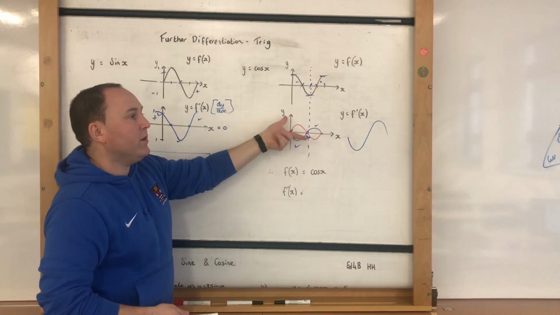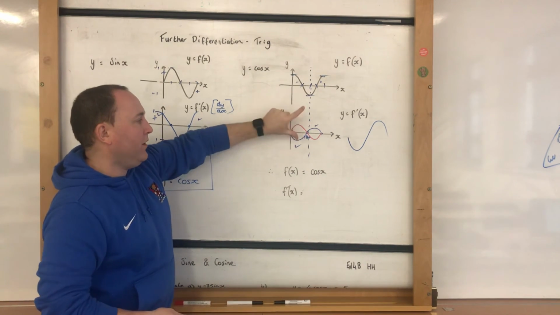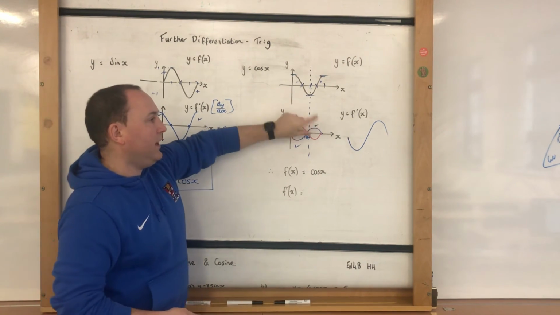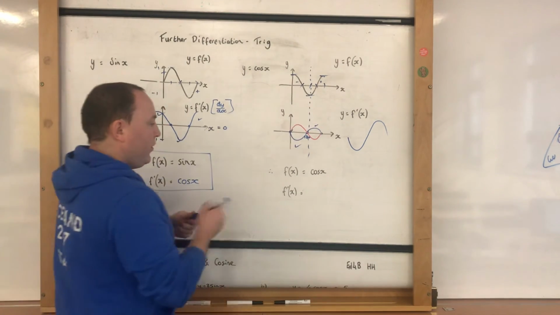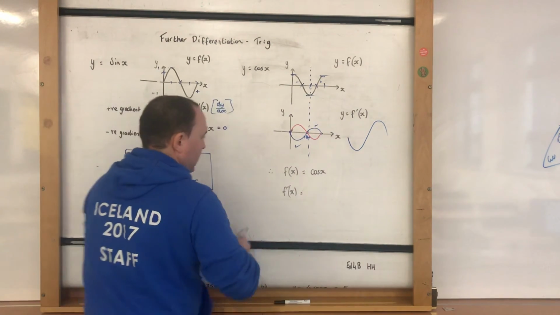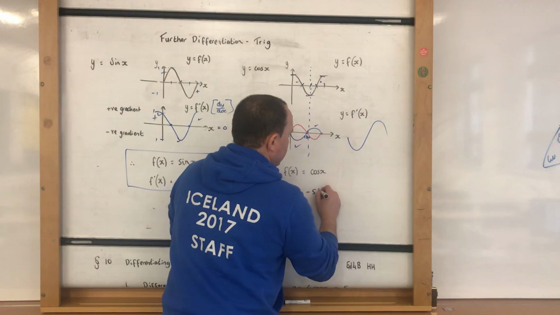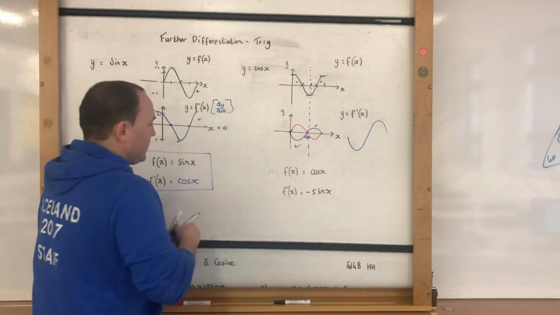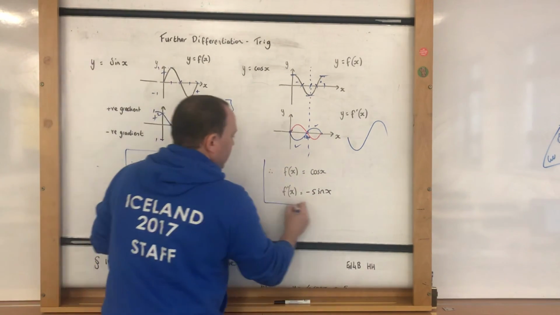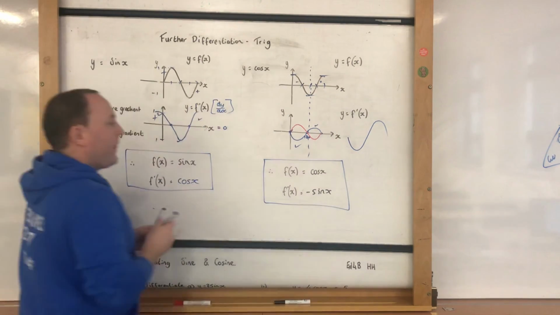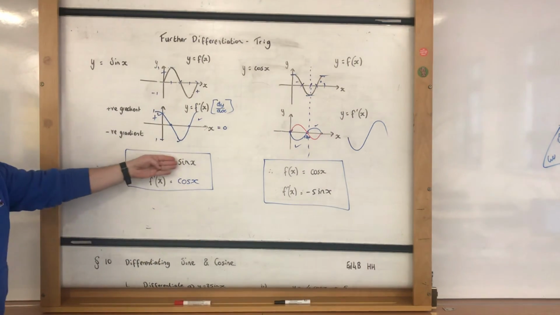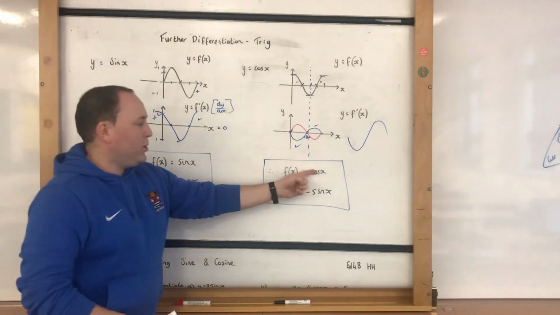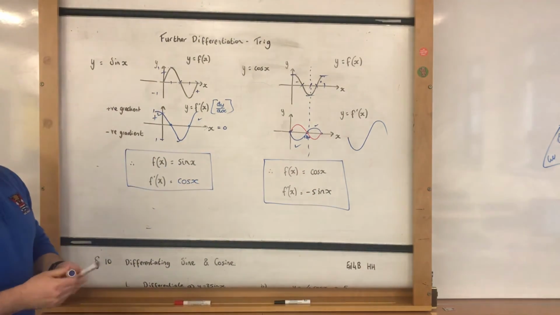So your y values have all inverted, positive to negative or negative to positive. So it's a negative of sine x. Okay, so there is the reason. Sine differentiates to cosine, cosine differentiates to negative sine.